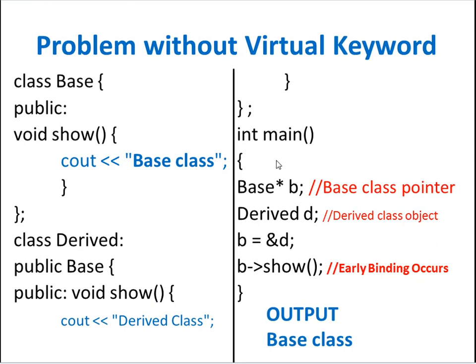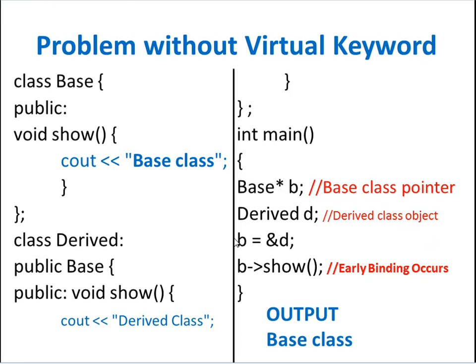Now the role is here. Suppose we have created a pointer, base star b, meaning a base class pointer is created. Then derived d, we have created one object of the derived class d.